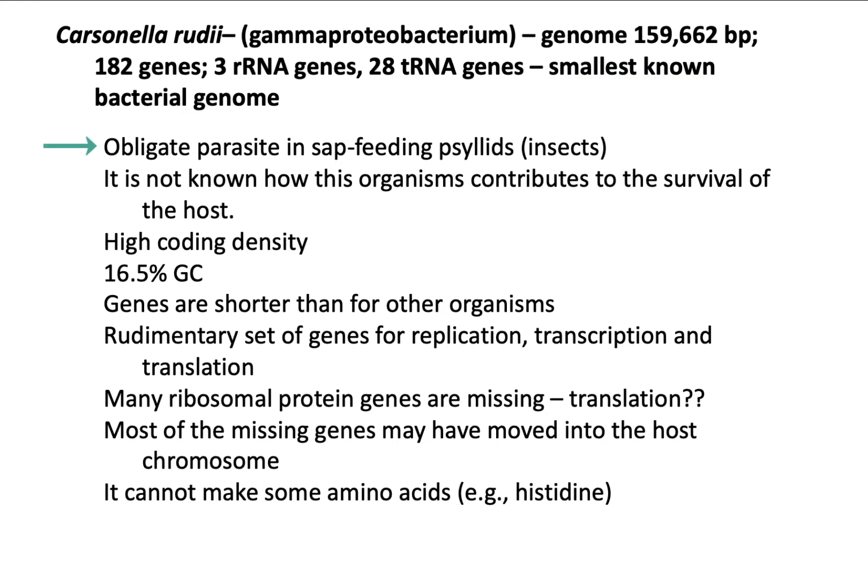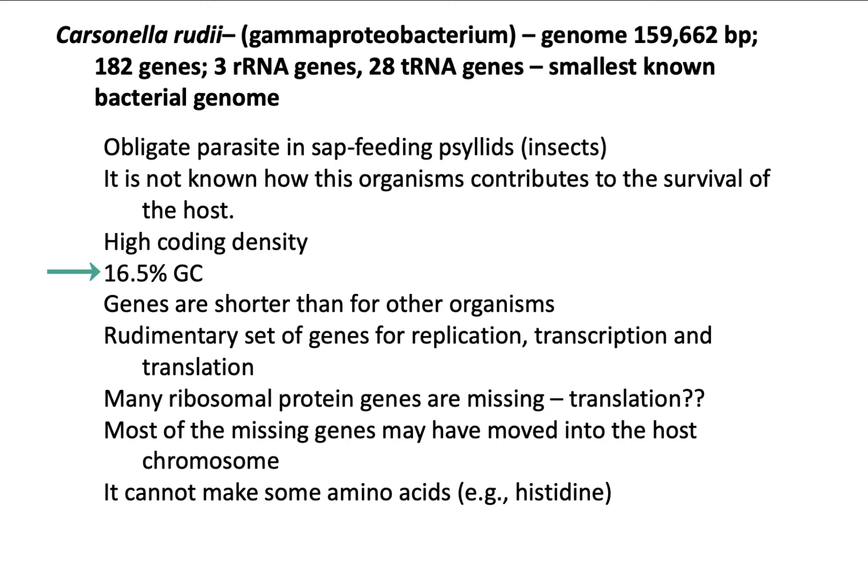It's an obligate parasite of sap-feeding psyllids. It is not known how this organism contributes to the survival of the host, but probably some of it has to do with feeding the host amino acids, at least some. It has a high coding density, one of the highest, with a very low GC content.